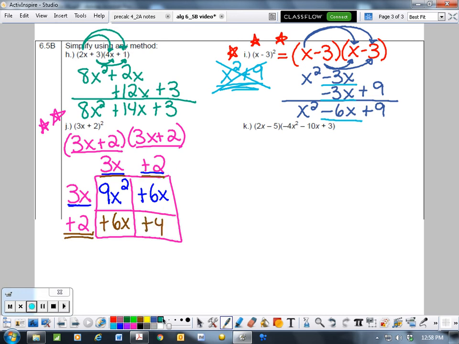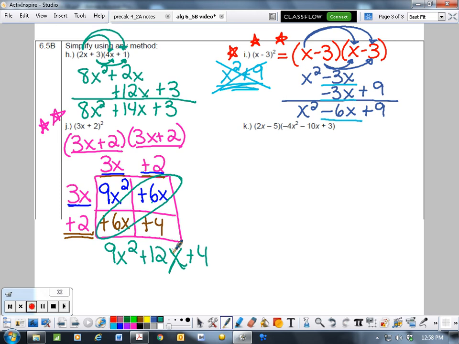Again, we can see on our diagonal we've got those like terms. So 9x squared, 6x plus 6x becomes our 12x, and then plus 4. Helps if I write the x. There we go. Okay, that was bothering me. Everyone makes mistakes.